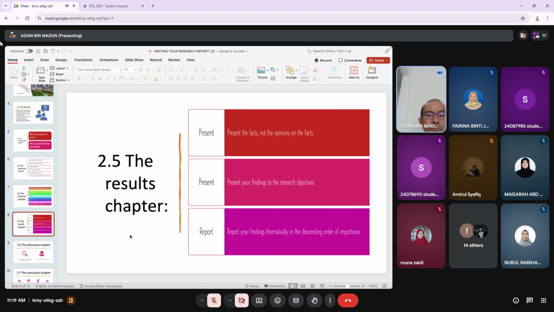So this shows evidence that supports this, evidence of that. You present your findings with such objectives, connecting back to your objective, what you want to study.